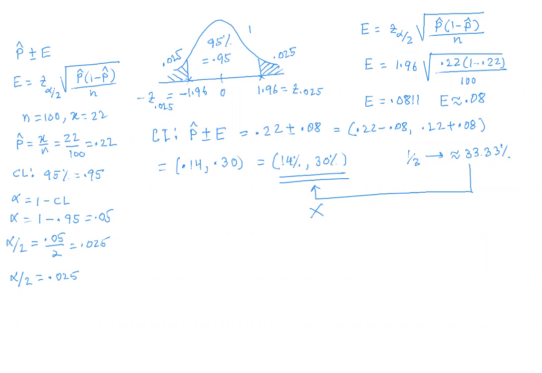So therefore, you would probably say that based on your calculation, the folks in your city have a lower percentage compared to the national average, national percentage or proportion.